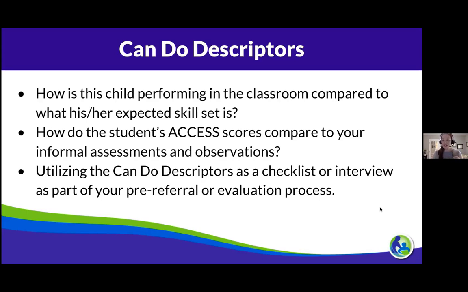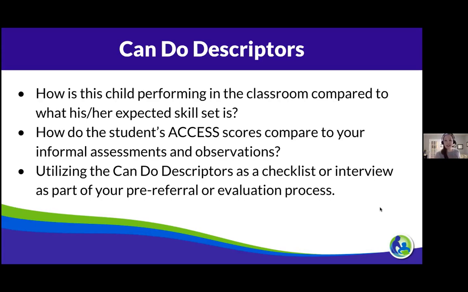And another item that comes up sometimes, often for full teams, if we're looking at LD, etc., is there a discrepancy? Is Joey scoring a 3, but he's not doing any of this in the classroom because of attention or because of behavior? Like, what is causing a discrepancy?